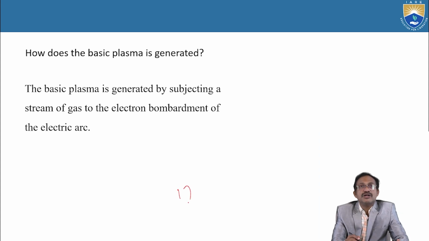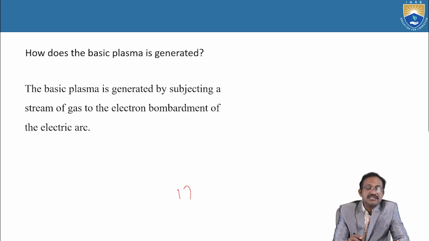How is the basic plasma generated? The basic plasma is generated by subjecting a stream of gas to the electron bombardment of the electric arc. Very important one.